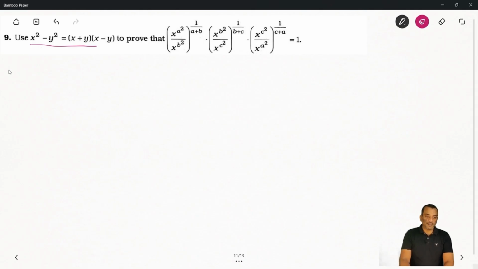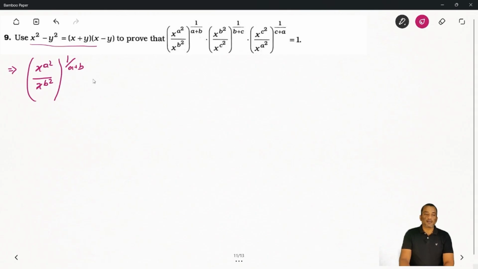So first we will write the quotient. So we can say bracket x to the power a square by x to the power b square and whole 1 by a plus b.